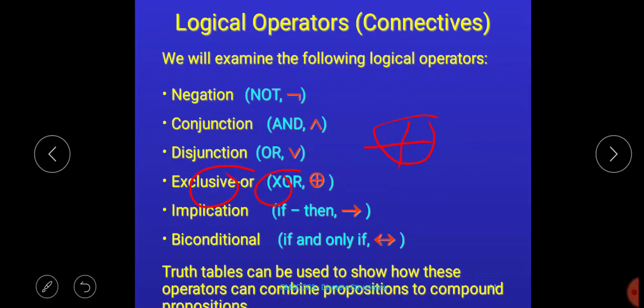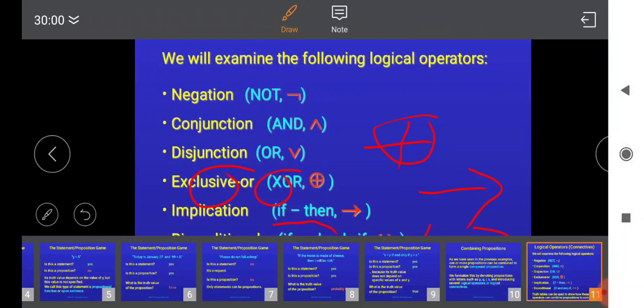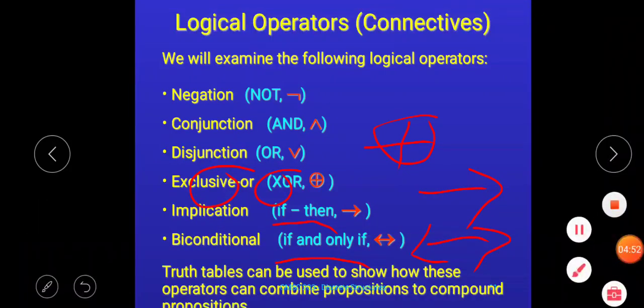You have to remember this symbol. Then next one is implication. The keyword used for implication is if and then, and it is denoted by using this symbol. And finally biconditional, the keyword that we are using for biconditional is if and only if, and it is denoted by using this symbol.